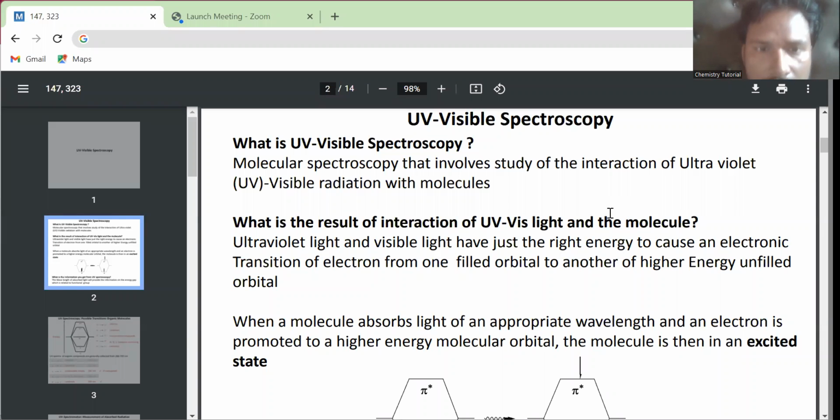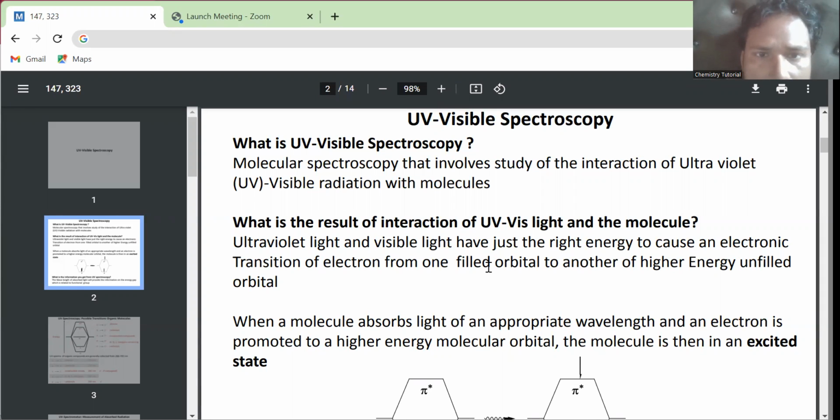So, welcome to all, and in this lecture, we'll describe UV visible spectroscopy. The first question that arises from this topic is: what is UV visible spectroscopy? UV visible spectroscopy involves the study of the interaction of UV visible radiation with molecules.